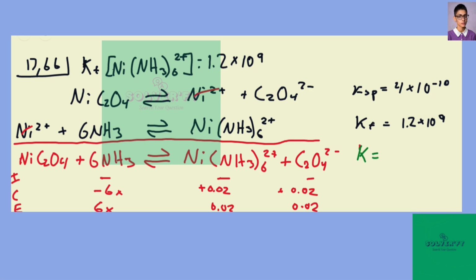Since we added the reactions, we're going to multiply the K values, and we get 0.48 as our K value. So K is equal to 0.48, which is equal to our products over reactants. So we have 0.02 squared over 6x.